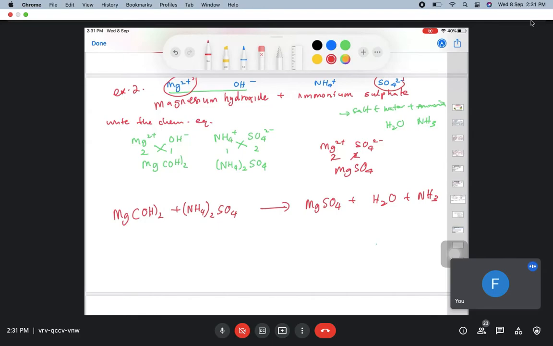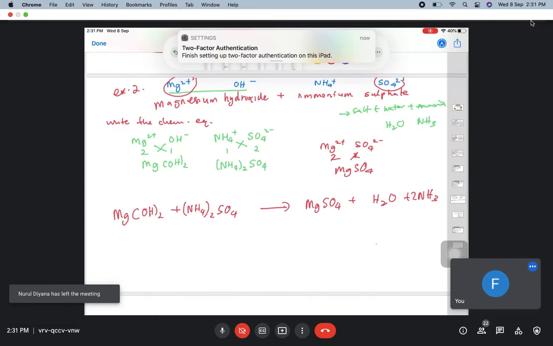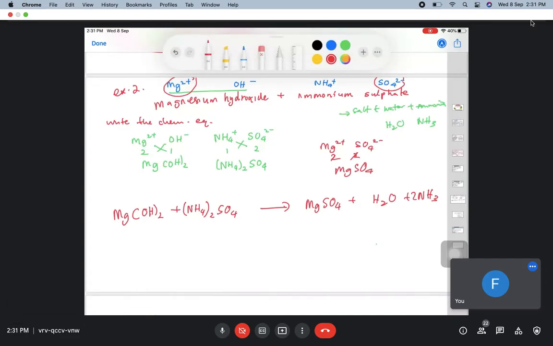NH4 has 2. So 2 here, 6, 8, 8, 10. So another 2 here.